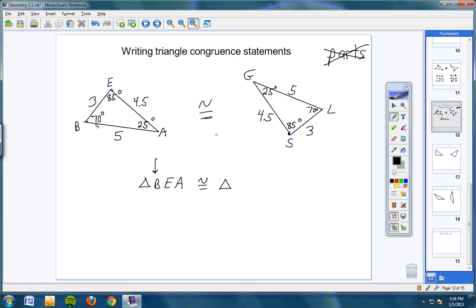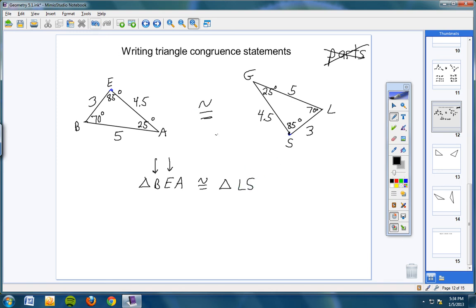So watch. What angle did I put first right here? B. What's the measurement for B? 70. So come over here and find 70. Here it is. So L has to come first. What angle did I put second over here? E. And E is 85 degrees. So if I put the 85-degree angle second, I've got to put the 85-degree angle S second over here.